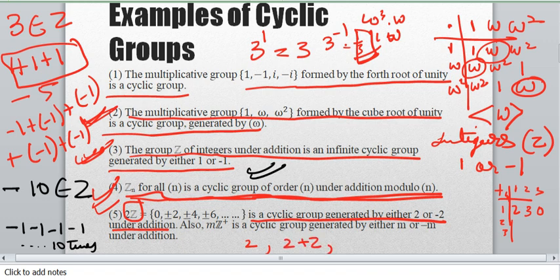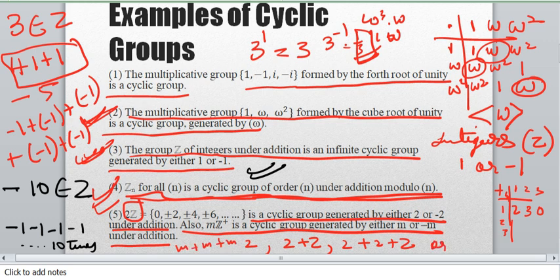If you need 6, then you will do 2 plus 2 plus 2. So they are the generators. Also mZ under addition is a cyclic group generated by either m or minus m, so you'll have m plus m plus m, or minus m minus m minus m, and so on.